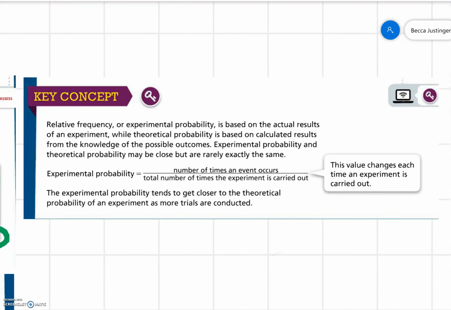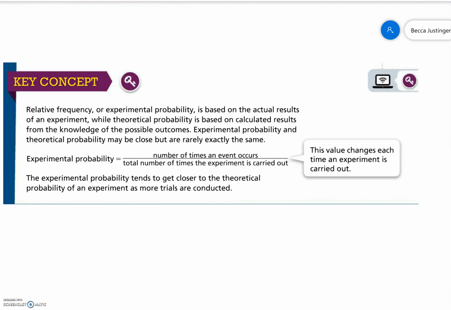Key concept. Relative frequency or experimental probability is based on the actual results of an experiment, while theoretical probability is based on calculated results from the knowledge of the possible outcomes. Experimental probability and theoretical probability may be close, but they are rarely exactly the same.